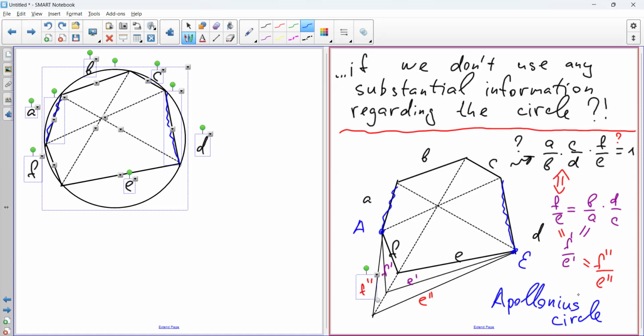That theorem says that this locus is either a circle or a straight line, the perpendicular bisector to the segment AE, if the ratio is equal to 1. If it is any other real ratio, then it is a true circle. And that circle couldn't intersect a straight line more than twice, right? So this is not possible in principle.